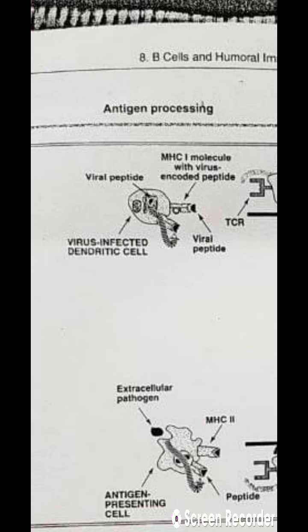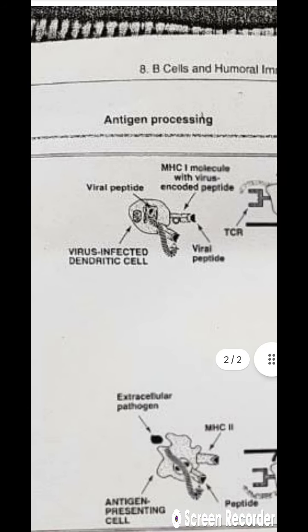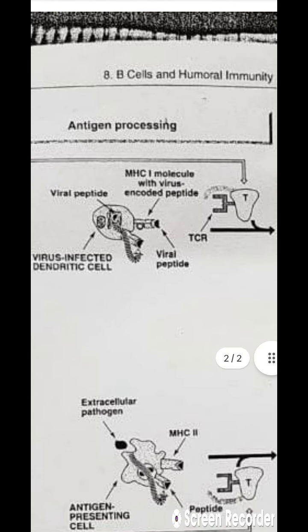Now this virus is engulfed, destroyed and divided into different particles like viral peptides, and this viral peptide is an antigenic epitope. It is presented with the MHC1 molecule. To which T cell? CD8 T cell. Why? 1 into 8 is equal to 8. Okay, this is the formula to remember.